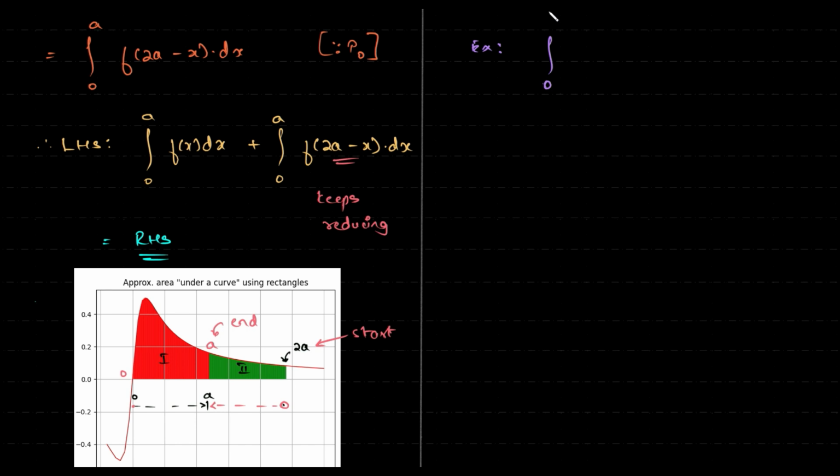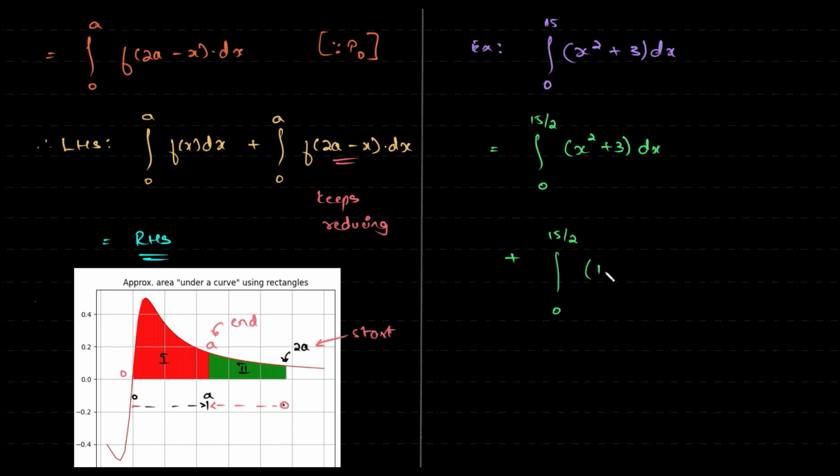Say 0 to 15, x square plus 3 dx. It can be anything actually. So this would be equal to 0 to 15 by 2, x square plus 3 dx, plus 0 to 15 by 2 again.